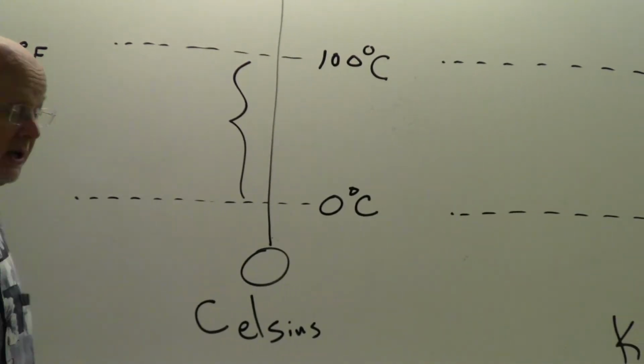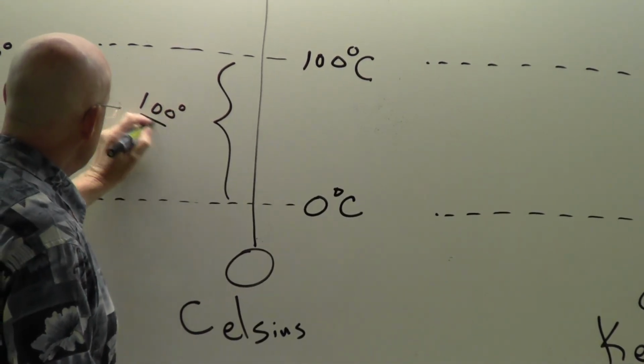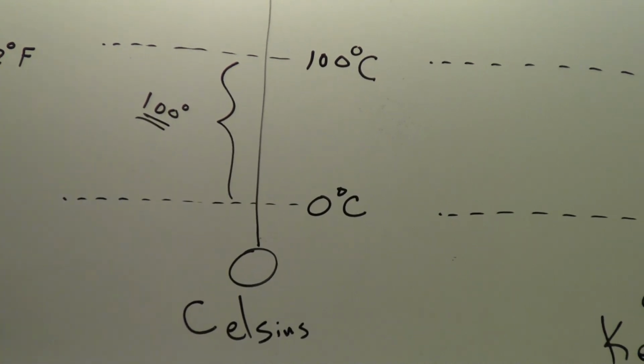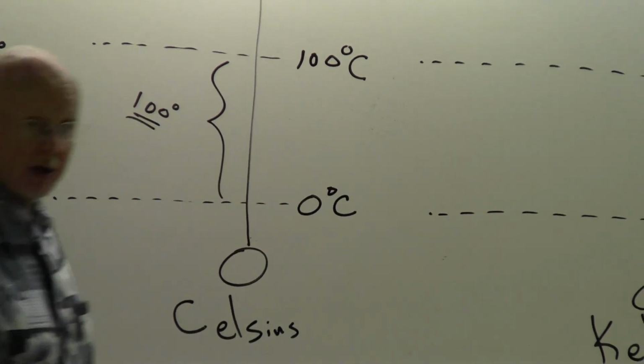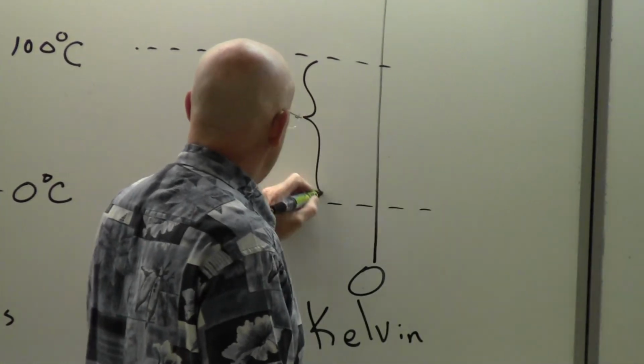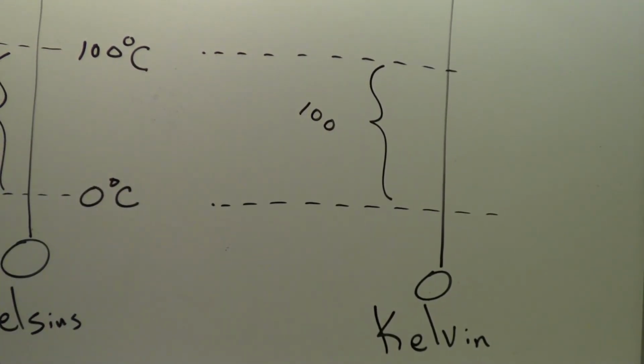He also agrees that the metric system with the 100 divisions between ice water and boiling water is probably a better choice than a dial that is a half circle at 180 degrees. So he wants to keep the numbers between ice water and boiling water at 100.